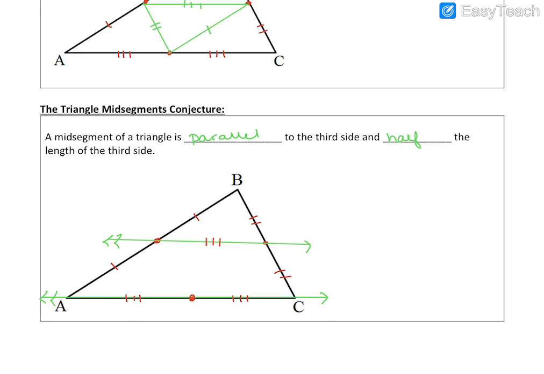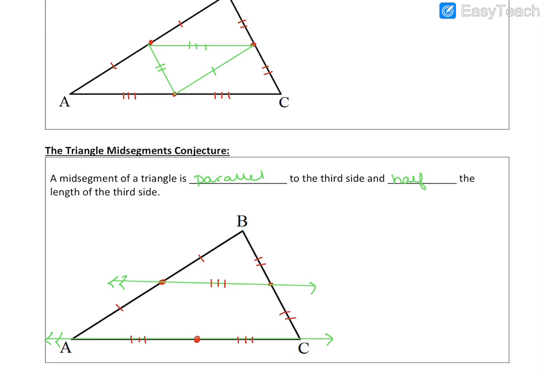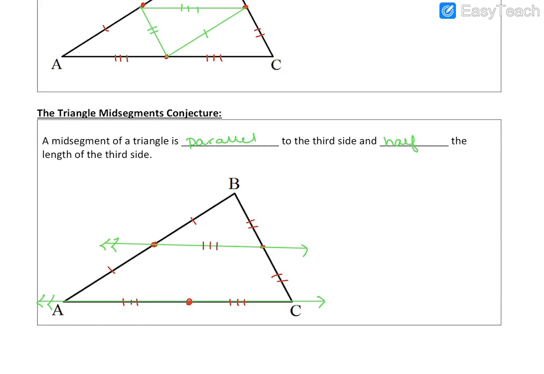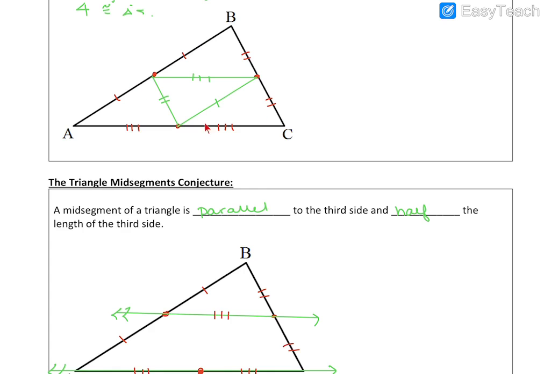So that is how we get this half. That's how we also can see that these 4 triangles are congruent up here based on that being half the size. And what we would label up here, you would then see all 4 of those congruent triangles.